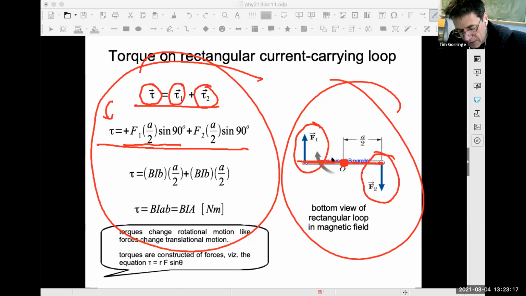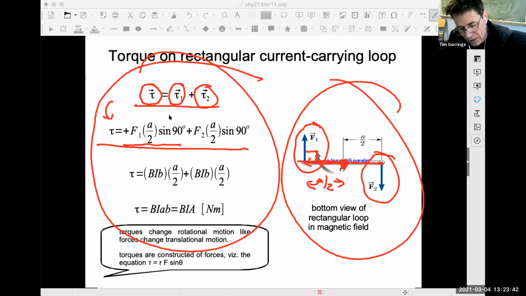It's at a distance of a/2, half the width of the loop, from the axis of rotation. So this is a/2. And its direction is 90 degrees with respect to the line that runs from the axis of rotation to where the force is exerted. So that's 90 degrees.